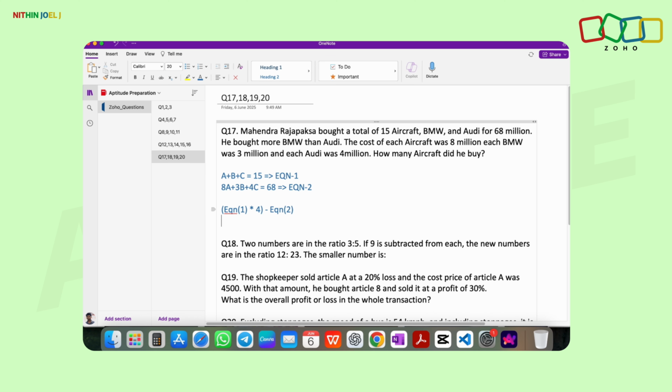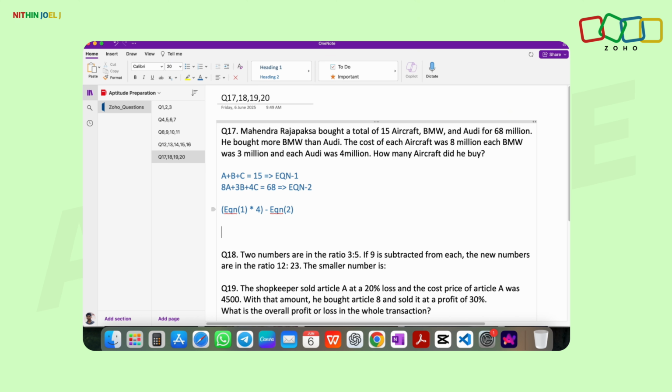So if I multiply 4 to equation 1, it becomes 4a plus 4b plus 4c. Let me take 4 common, so 4 into a plus b plus c, which is equal to 15. So 15 into 4 will be 60.